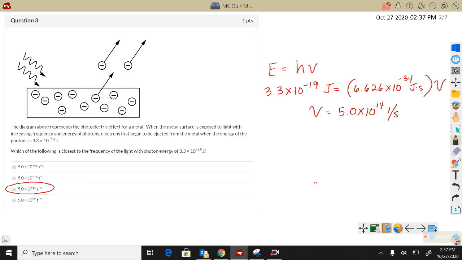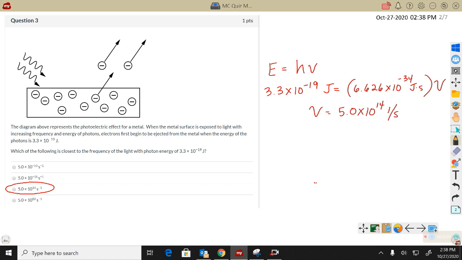Question 3 references the photoelectric effect, where different types of electromagnetic radiation were shined on the surface of different types of metals in hopes that we would remove electrons, and moving electrons would then conduct an electric current. This is where we started to learn that these different forms of electromagnetic radiation carry different amounts of energy.